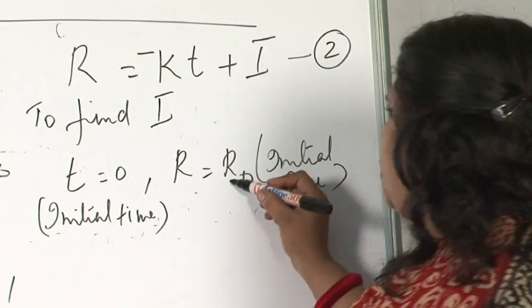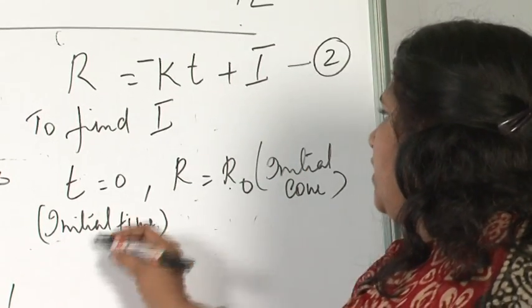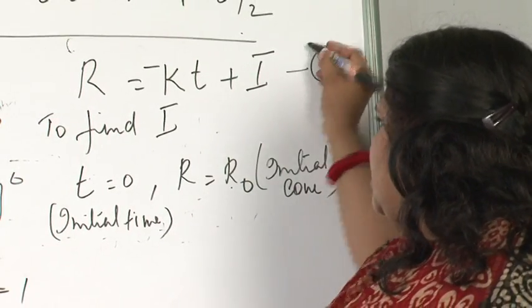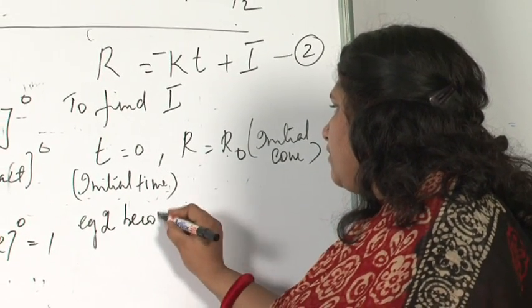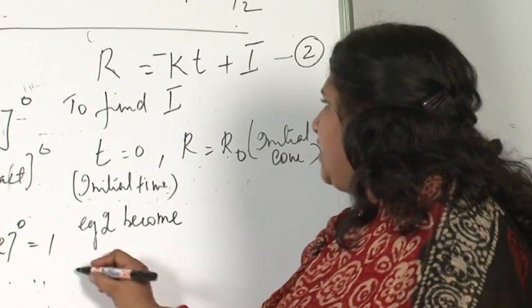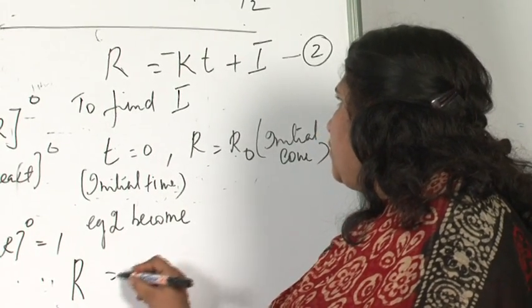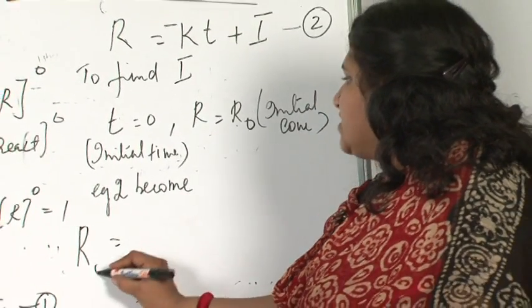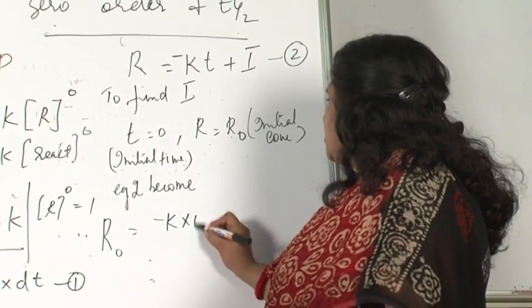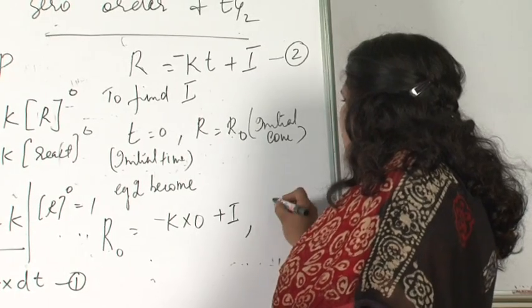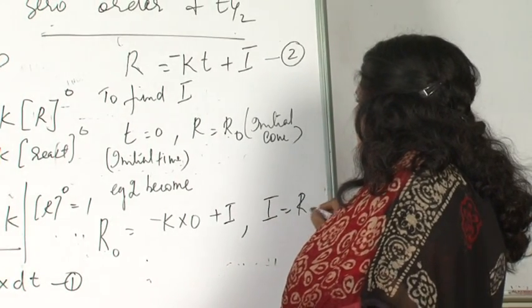Here I am putting the value in equation 2. If t is equal to 0, R is equal to R0, equation 2 becomes R0 is equal to minus K into 0 plus I, that is, I is equal to R0.